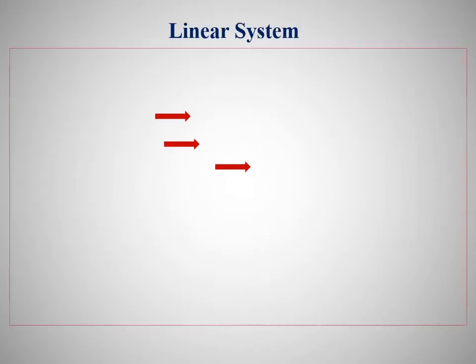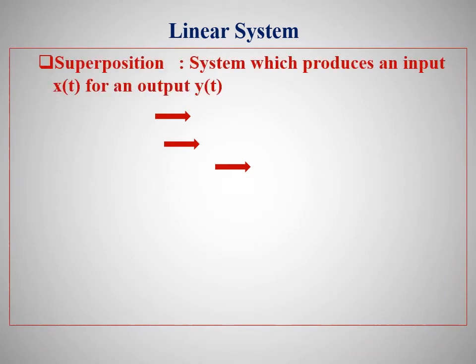Let us go on to see what superposition is. Superposition is applied to a system which produces an output y of t for an input x of t. Since it is superposition, we require two inputs and two outputs.